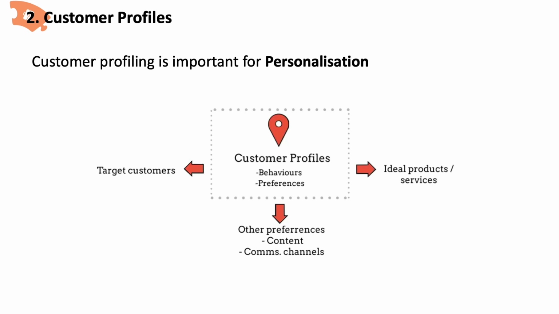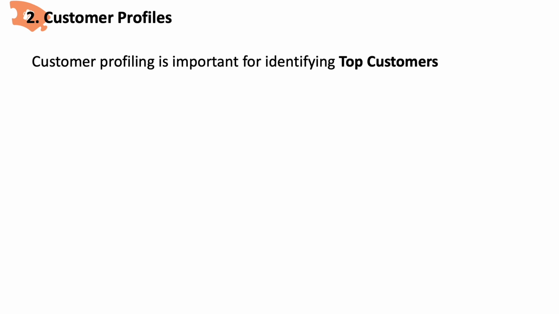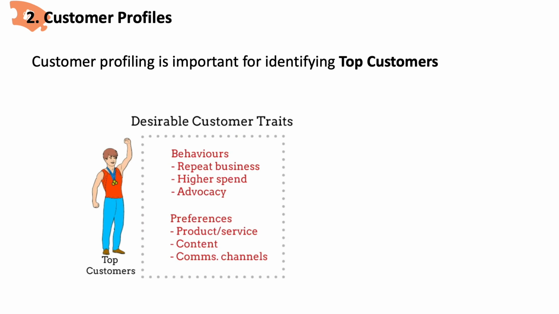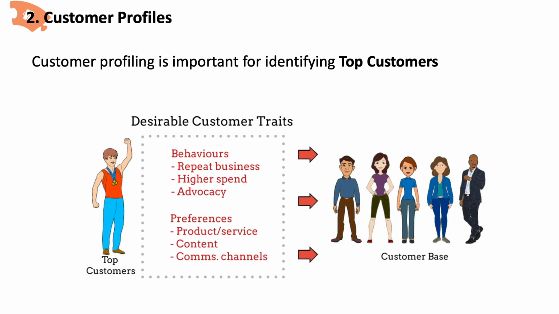This makes interactions more pleasant and enjoyable. It also helps businesses identify the traits of its top customers. The business can thereafter leverage this knowledge to influence more customers to engage and transact at this higher level.